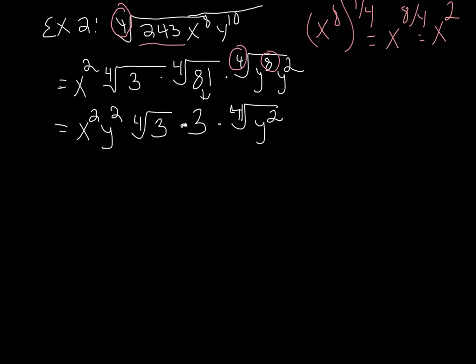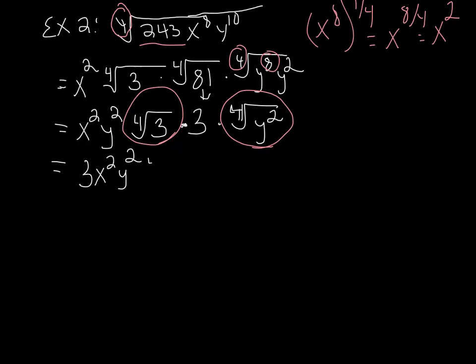Okay, now we can clean this up a little bit. One thing you're going to notice with radicals is they get really messy really quick. So I do a little housekeeping usually as I work through these problems. I'm going to put my 3 on the outside now with the x squared, y squared. And then what do I have left? Well, I have this, which I can't break down anymore, and I have this that I cannot break down anymore.